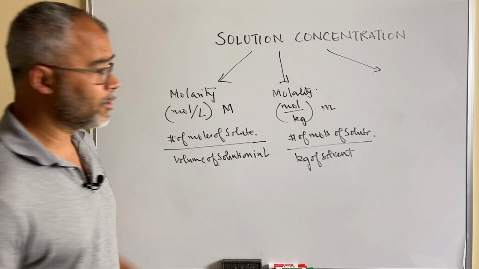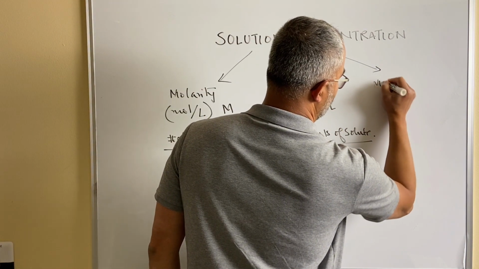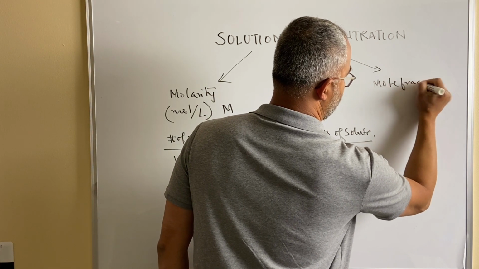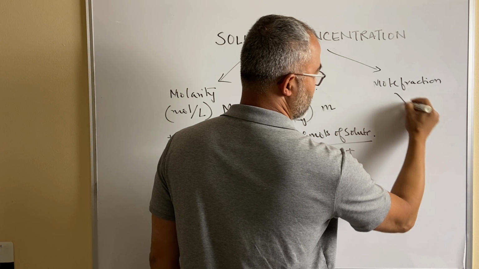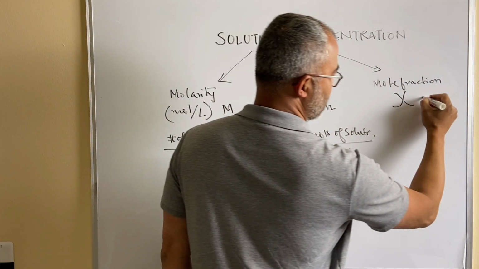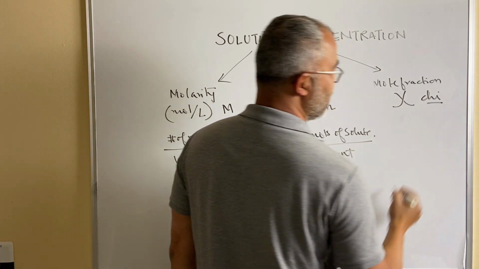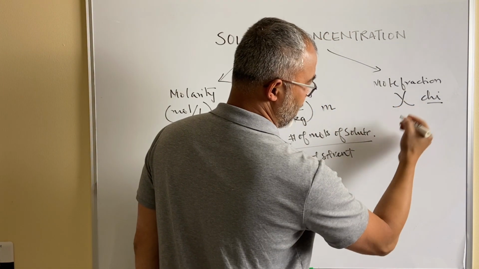The third unit of concentration we'll look at is mole fraction. And mole fraction is denoted with this kind of a symbol, which is actually called chi. Okay. Now that's a Greek letter.